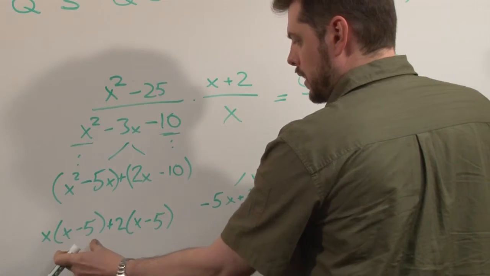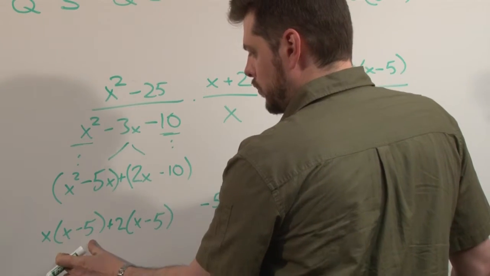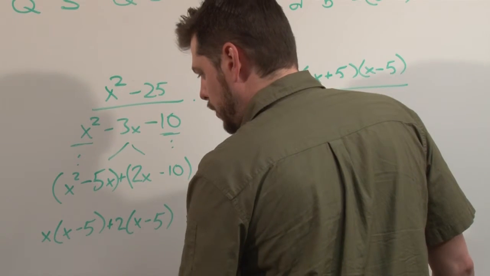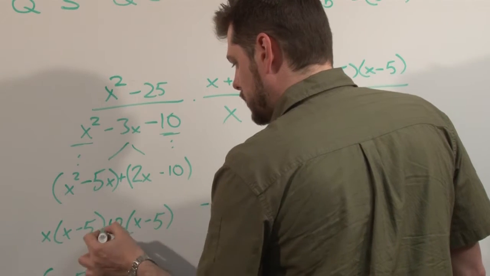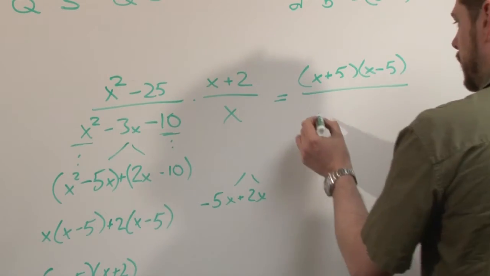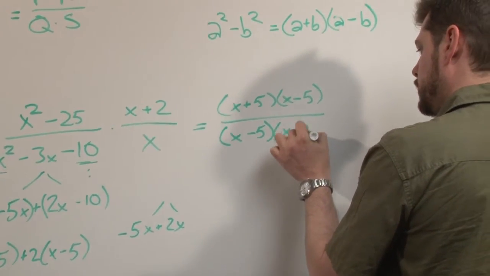You'll always get a common term when you apply this method. So I note right away both terms share an x minus 5, which means I can pull that out of both terms. And I'm left with the quantity x plus 2. So let's see. I've got x minus 5, x plus 2.